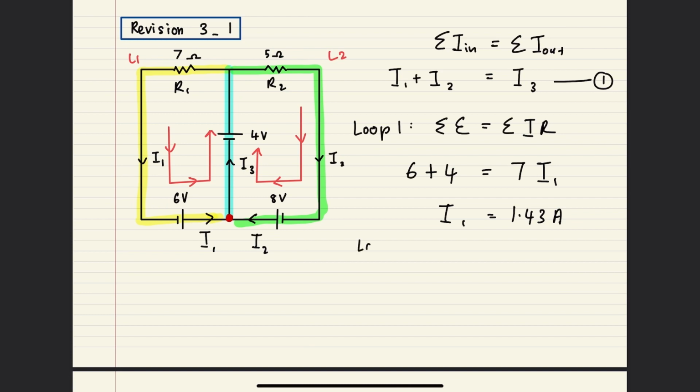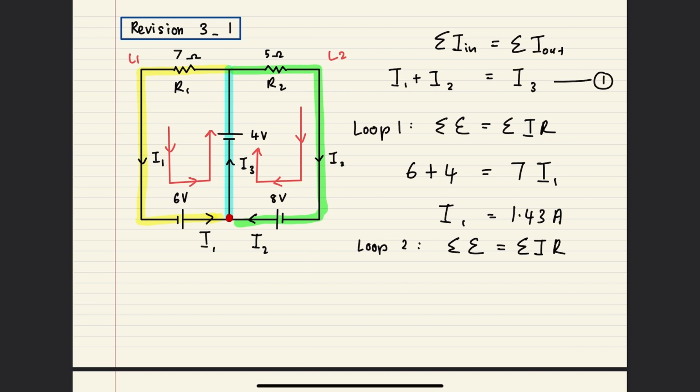Okay, for loop 2, I apply the second rule. You have 2 EMFs. This is the first one. Again, it's coming out from the positive terminal using the loop direction, and this one is also going out from the positive terminal. So it will be positive 8 and positive 4.